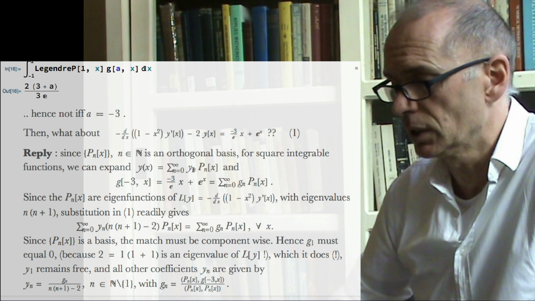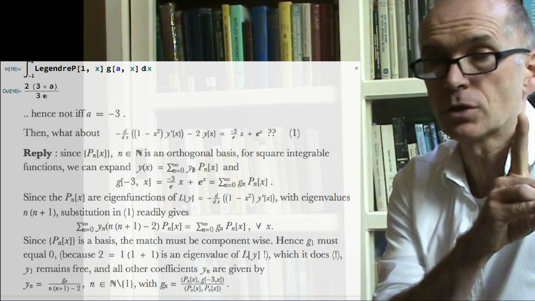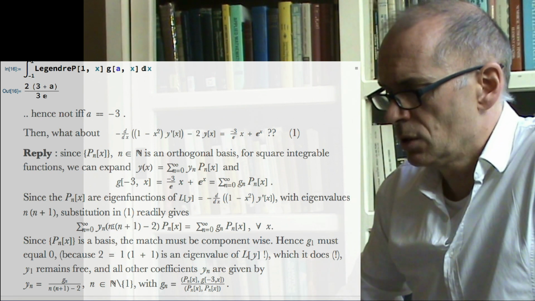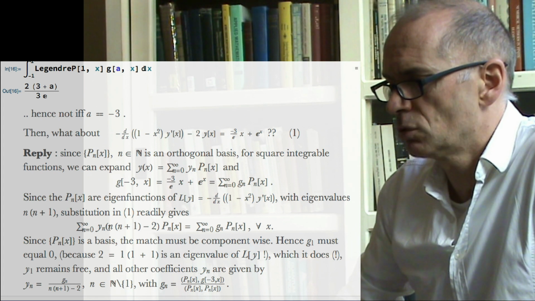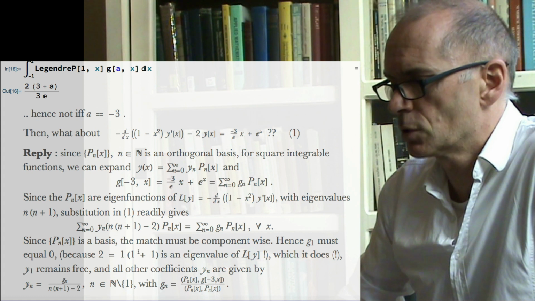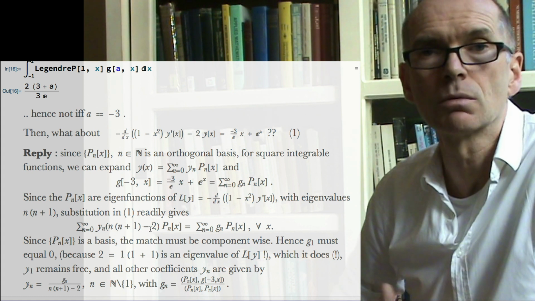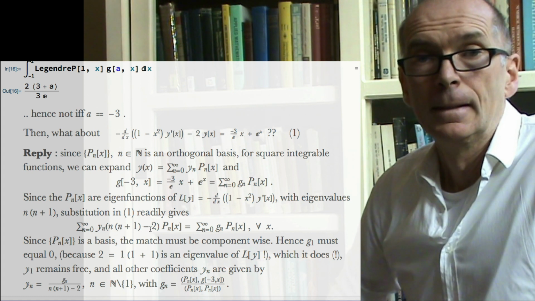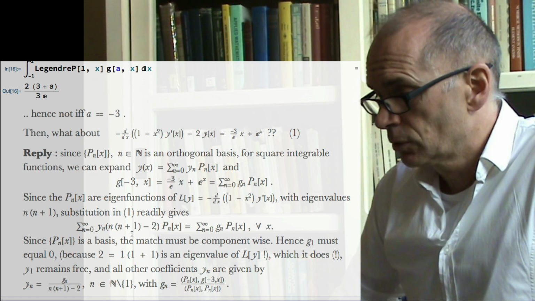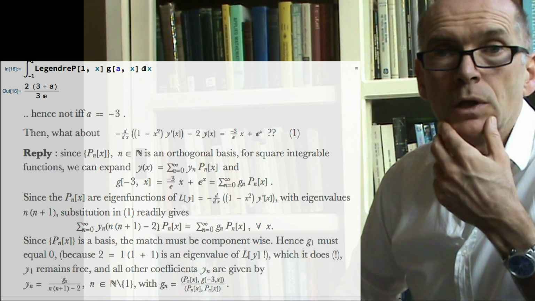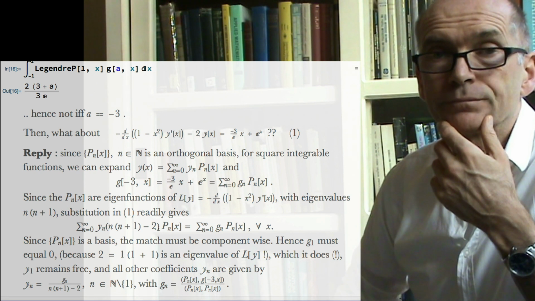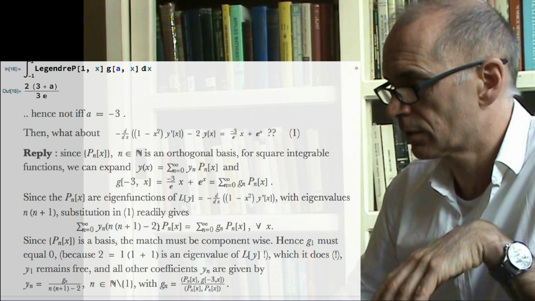But now you can calculate them except if n is 1, because then this is 0. See, if I substitute n is 1, I get 1 times 1 plus 1 is 2, minus 2 is 0. So y1 is multiplied by 0, and hence y1 remains free. And all the others can be calculated.